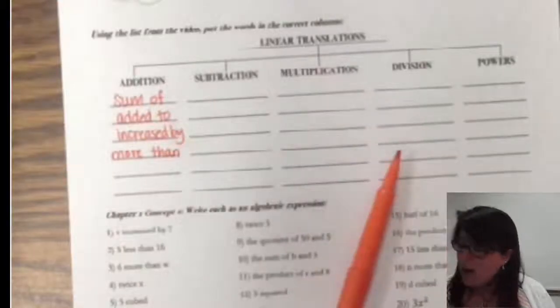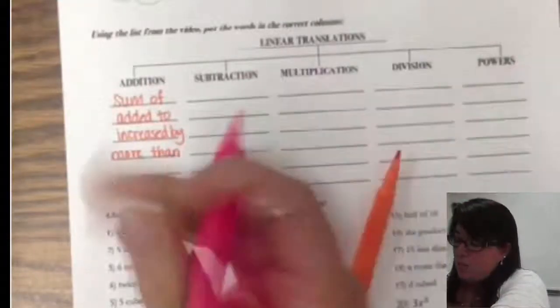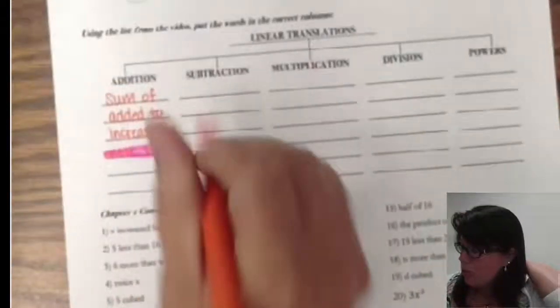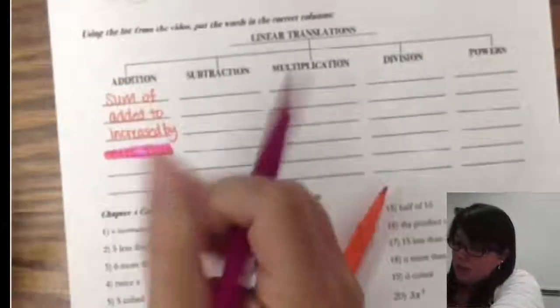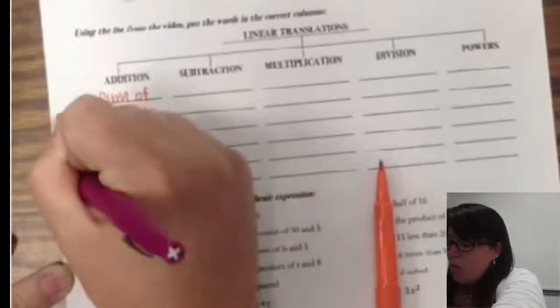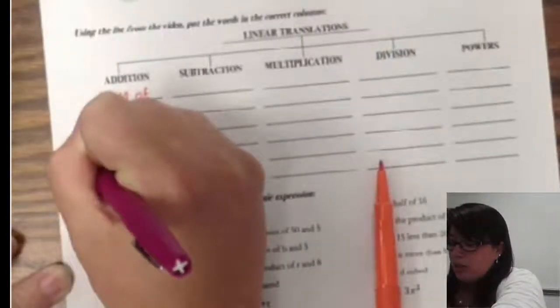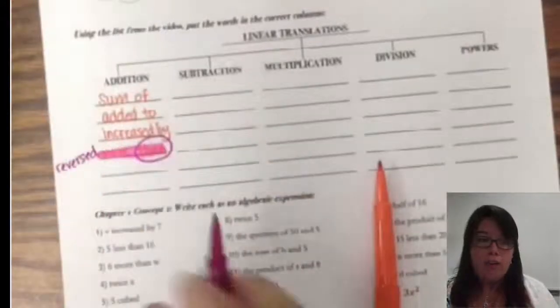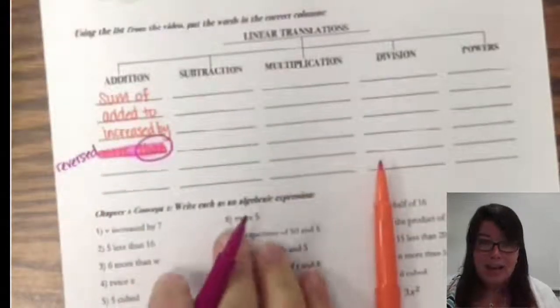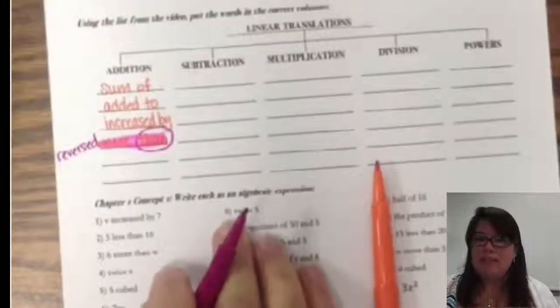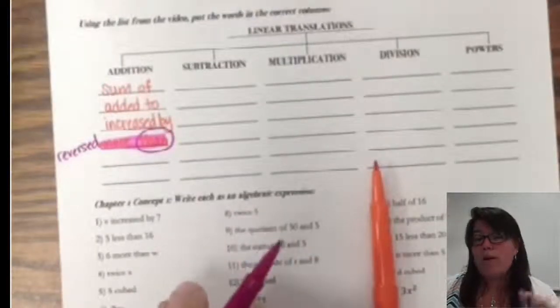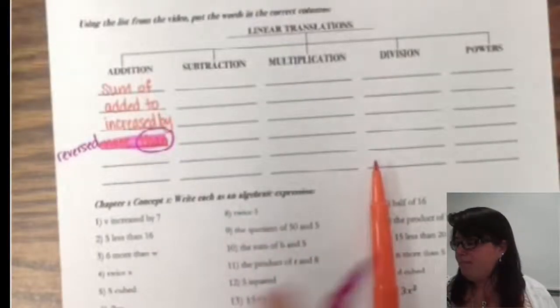And if you have one, I want you to highlight that phrase, more than, because it's a very tricky one. Anytime you see the word than, and I'm going to circle it in a different color, anytime you see the word than, you are going to reverse the order of the two parts and pieces that are being added together. And we'll take a look at what that means in a little bit, but I want you to remember more than is a tricky one.